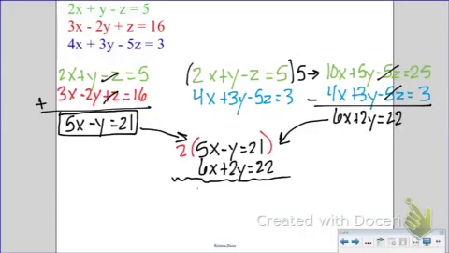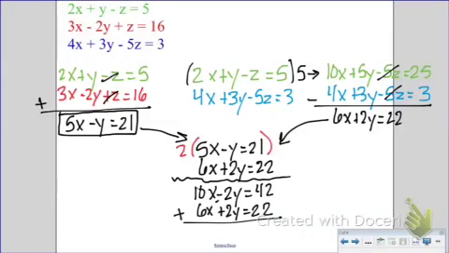Here's the new equation. 10x minus 2y is equal to 42, and 6x plus 2y equals 22. Second equation is still normal. Now let's eliminate with addition. Y's go away. 16x is equal to 64, and divide by 16, and our x is equal to 4. There is one of the three parts of our answer.